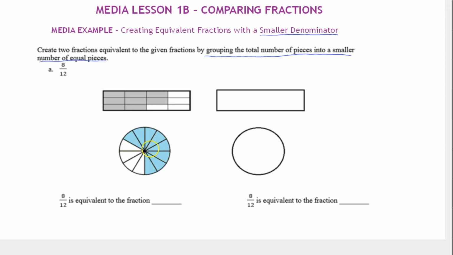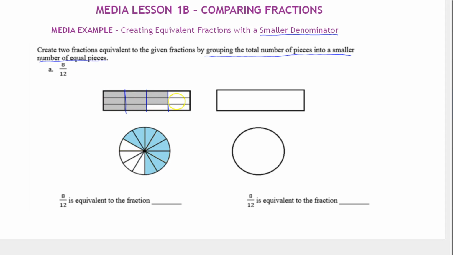Both of these diagrams, the fractions are 8/12, and we're going to make equivalent fractions in the empty diagrams next to them. So here, we can't just break this into any size pieces we want, and here's why. Say I look at this whole, and if I drew lines here, I could break 12 into 4 groups of 3.